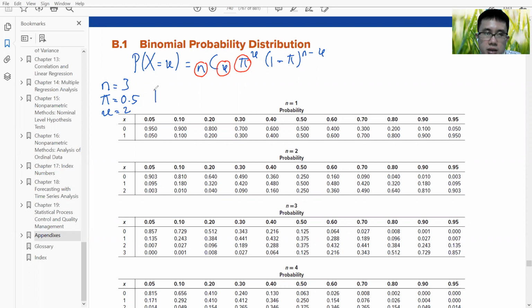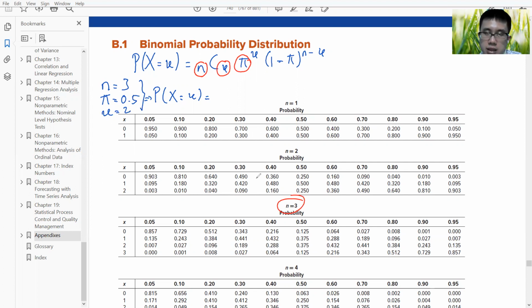So with these 3 parameters, first we go to the table with n equal to 3. This is the table, n equal to 3, and then we find the phi from the column.